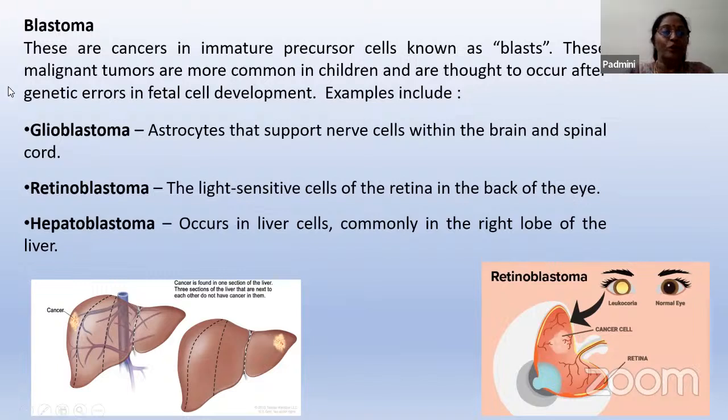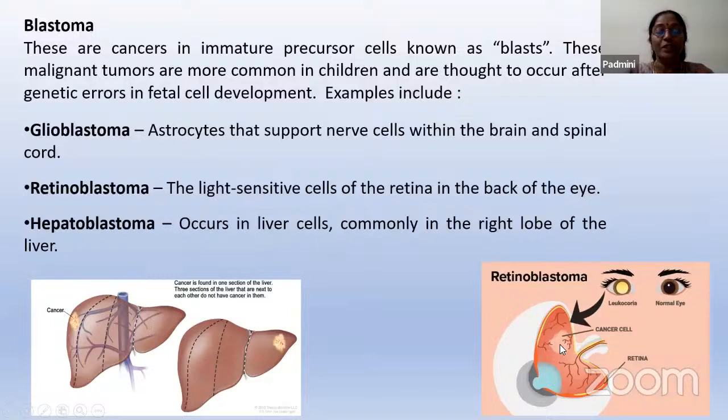And the examples include glioblastoma. Glio is glial cells, if you remember, the astrocytes that support the nerve cells within the brain and the spinal cord. So if there's a problem in these cells, then glioblastoma. Retinoblastoma is the blastoma that you find in the retina, wherein the complete retina is spoiled by the cancer cells being formed in the retina.